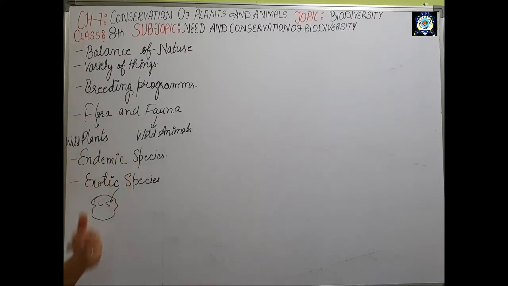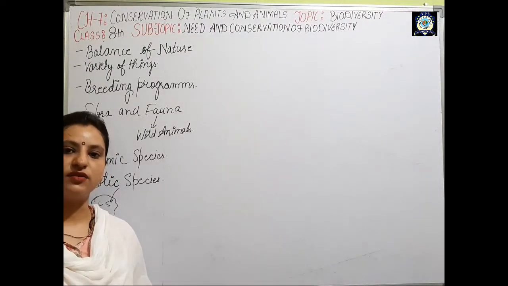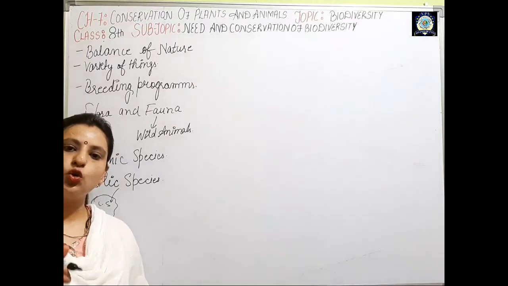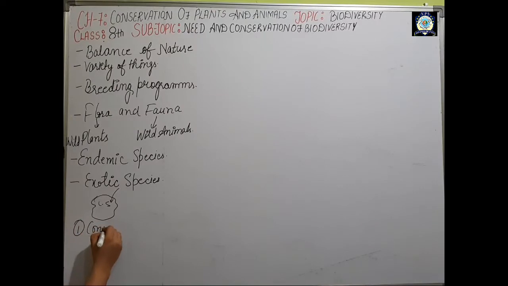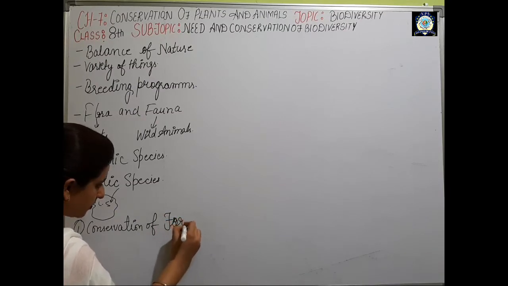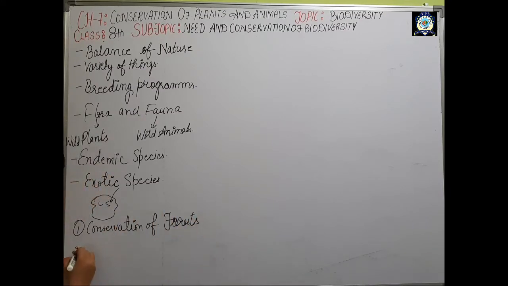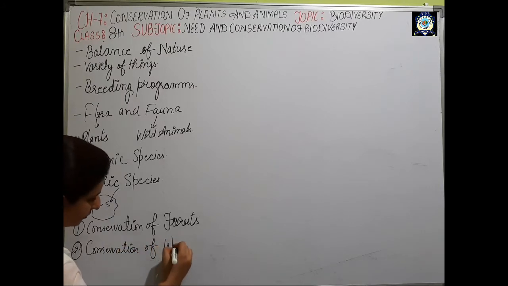Now we will go for the main topic of today, that is conservation of biodiversity. Conservation of biodiversity is a very vast topic, and in it we will discuss two main subtopics: first is conservation of forests, and second is conservation of wildlife.